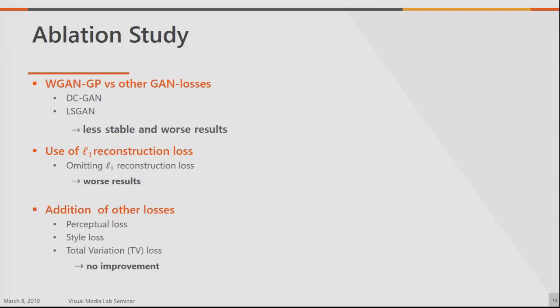And they also looked at maybe adding some other loss terms in their function, like perceptual loss, style loss, total variation loss, but again there was no improvement. I do have to say with this that they didn't show any statistics or images, so we just have to take their word for it that it's actually true what they're saying.